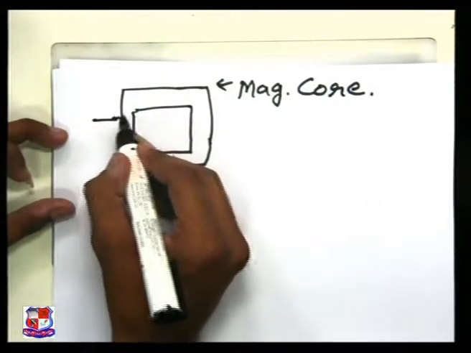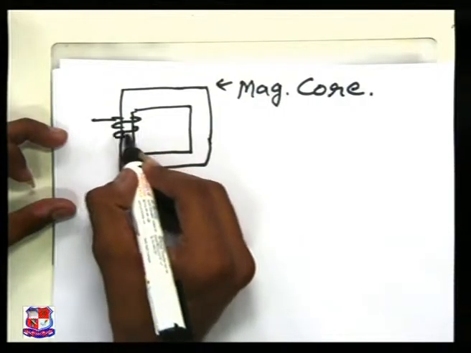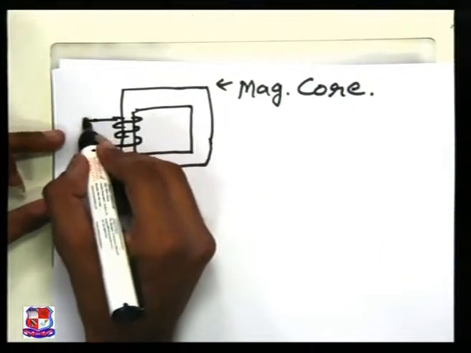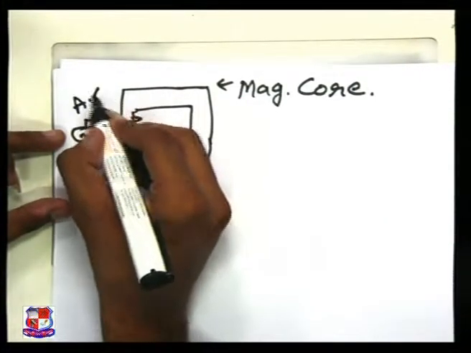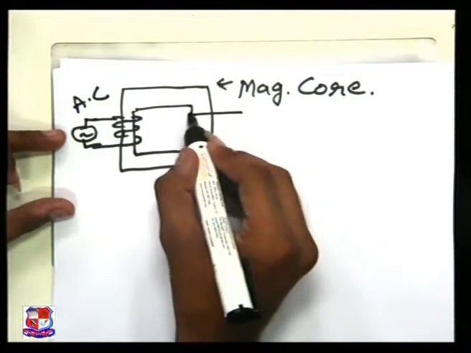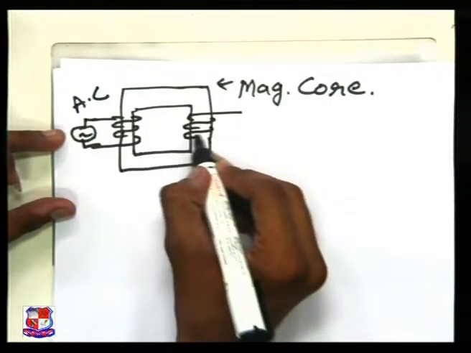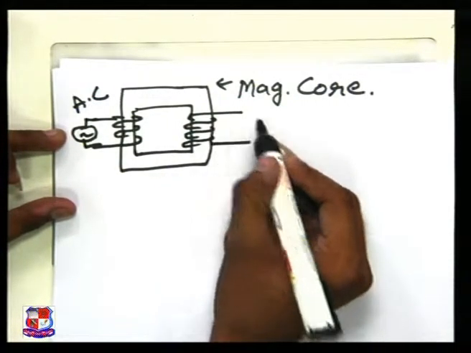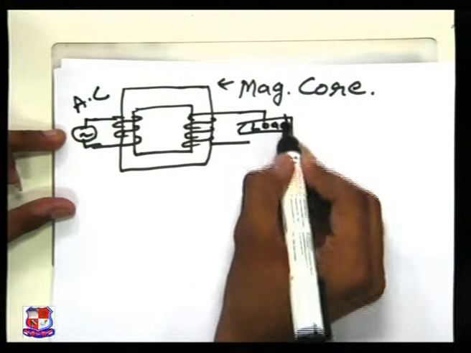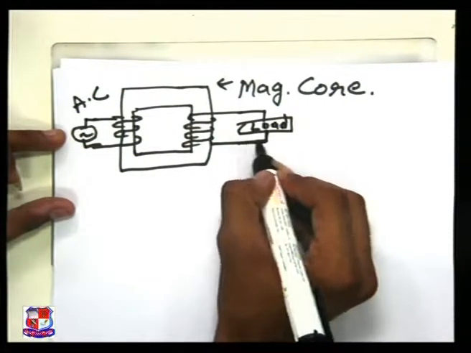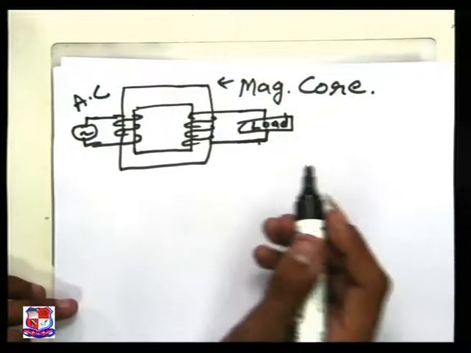After that we have a primary winding, which is connected with an AC supply, and on the other side we have a secondary winding, which is connected with the load. So this is, we can say, a basic transformer.